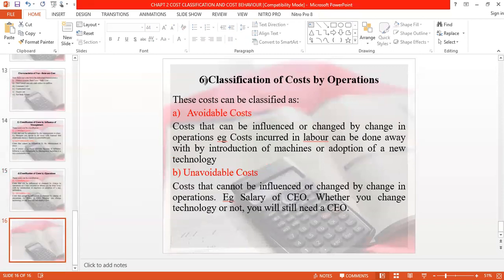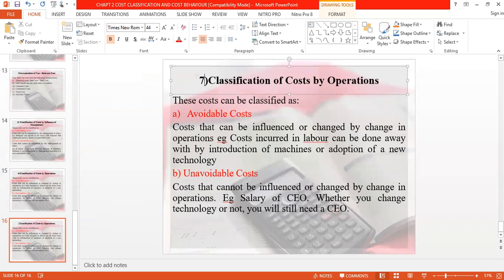Okay, so number 7, classification by responsibility.